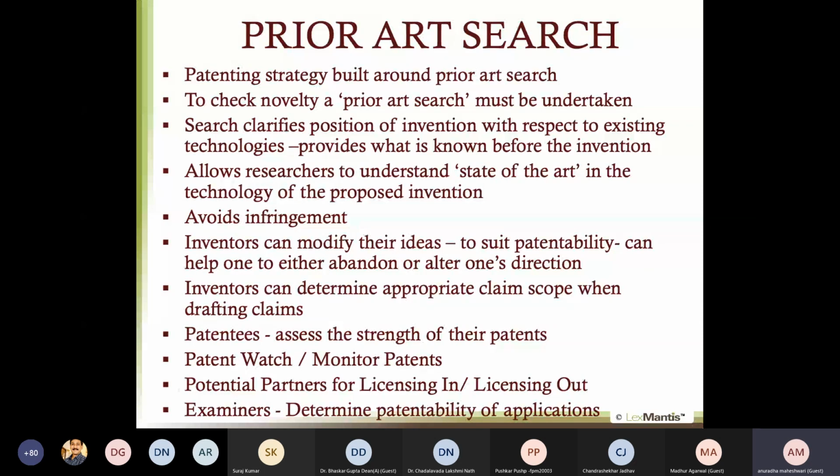So I tell them, without disclosing your full invention, please give me the bare basic fundamentals of your invention. What is your invention about? I ask them. So my invention is so and so. For example, somebody said that my invention is to help people walk straight who are suffering from a particular disease.